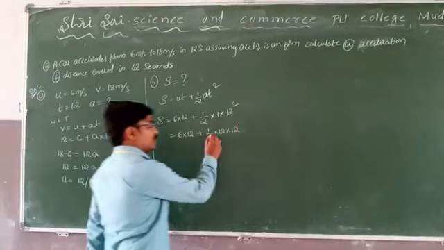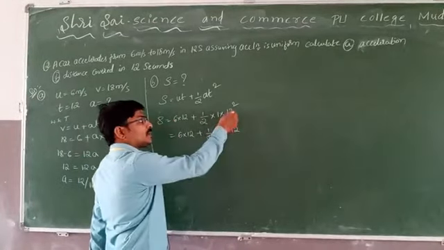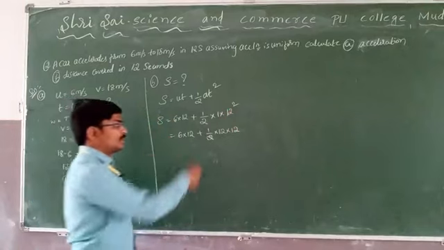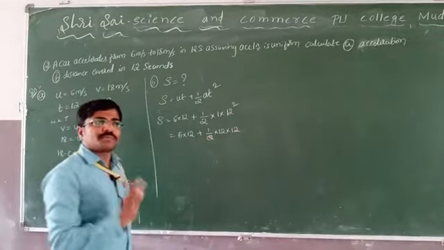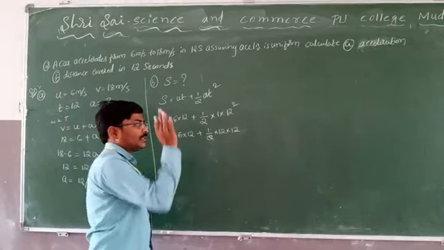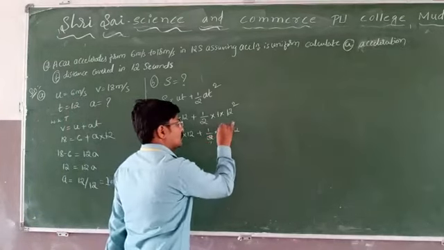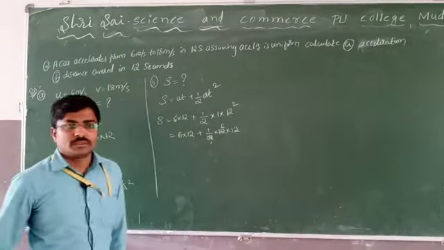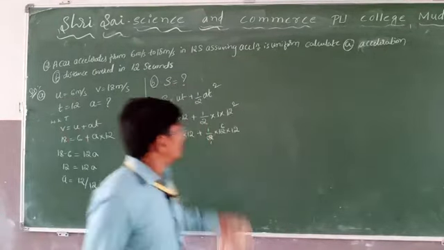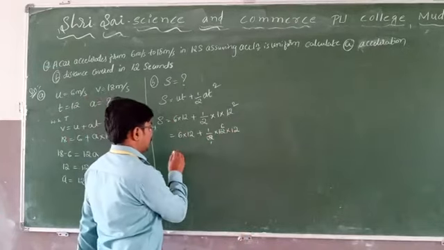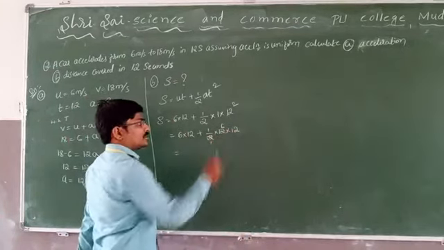Now we will simplify. 12 square means 12 into 12. Try to solve without calculator as much as possible. If necessary, then you can use it. Simplify it. What is 6 into 12?